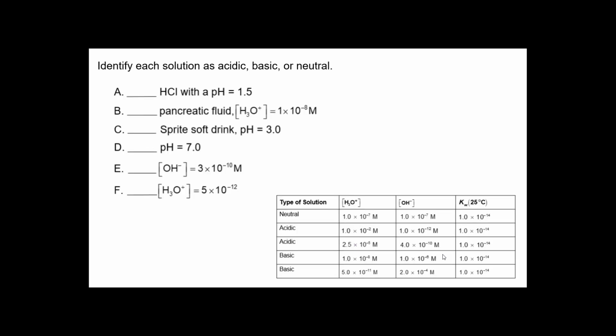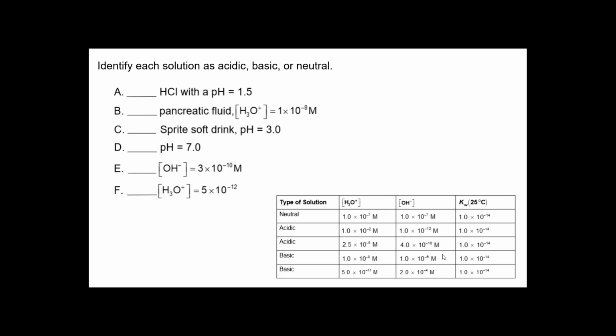Last section we discussed the water dissociation and how it affects the hydronium ion concentration and the hydroxide ion concentration. Now we're going to determine, based on these values, if something's acidic, basic, or neutral. So we have hydrochloric acid with a pH of 1.5. That is below 7, so it is acidic.